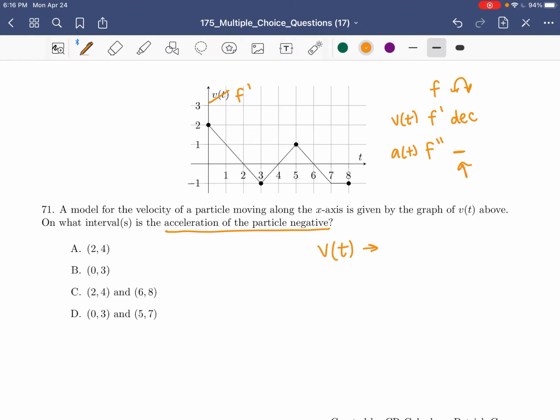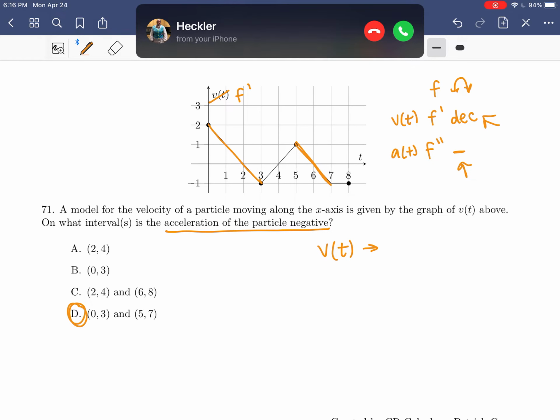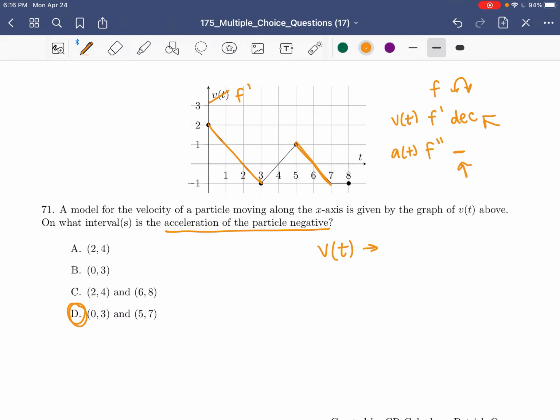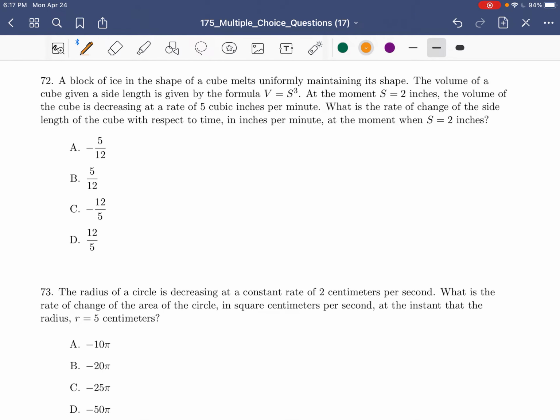So when the acceleration is negative, that means my velocity has to be decreasing. So notice it's going to be decreasing from 0 to 3, and then again from 5 to 7. So our answer for that one.